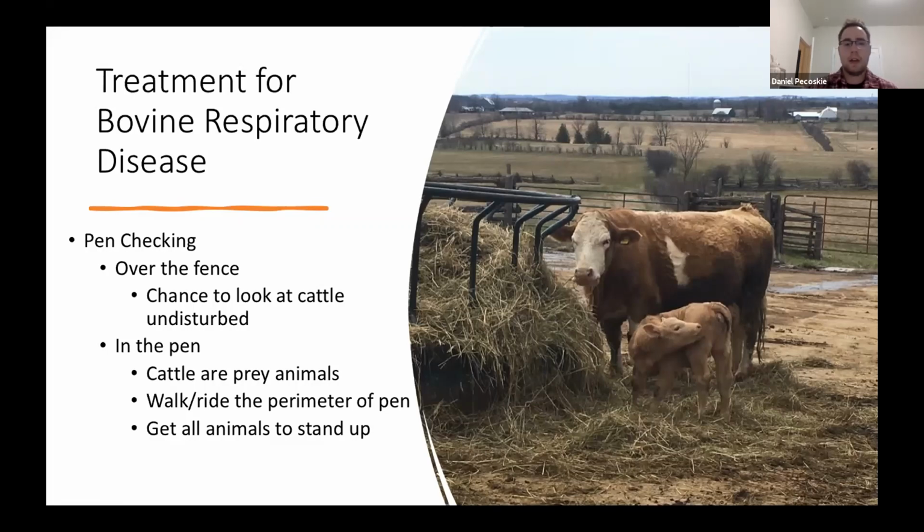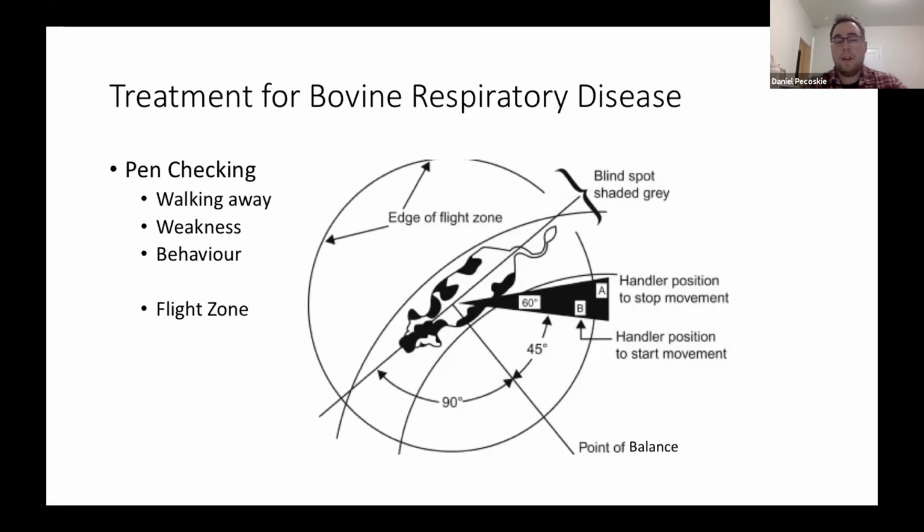My next slide here, you might have seen a few of these before, or heard the term flight zone. It's a method that pen checkers use, the natural flight zone of a cattle beast, to get them up, get them walking, and assess their gait. As we know, cattle tend to move away when you walk towards them, and there's a tipping point.